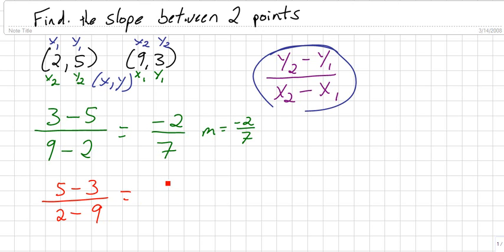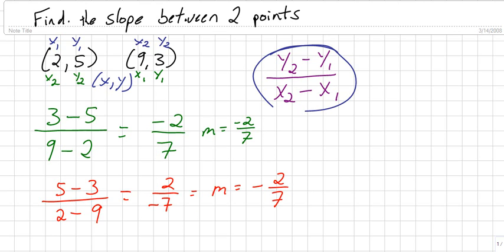So in this case, I get a +2 over a -7. Well, guess what? That is still the same as -2/7. So it doesn't matter which one I choose. I'm still going to get the same slope, as long as whichever one I choose as my 2's stay together, and whichever one I choose as my 1's stay together.